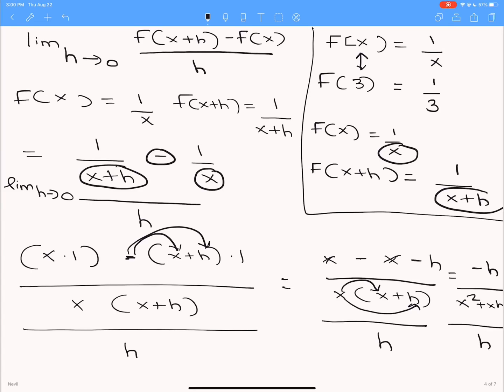Moving on with this, I'm just going to write it onto another page. I have negative h divided by x squared plus xh, divided by h. A fraction like this can be written as h divided by 1, because 1 is supposed to be there imaginarily. We have learned that when you're dividing two fractions, you can multiply by the reciprocal.